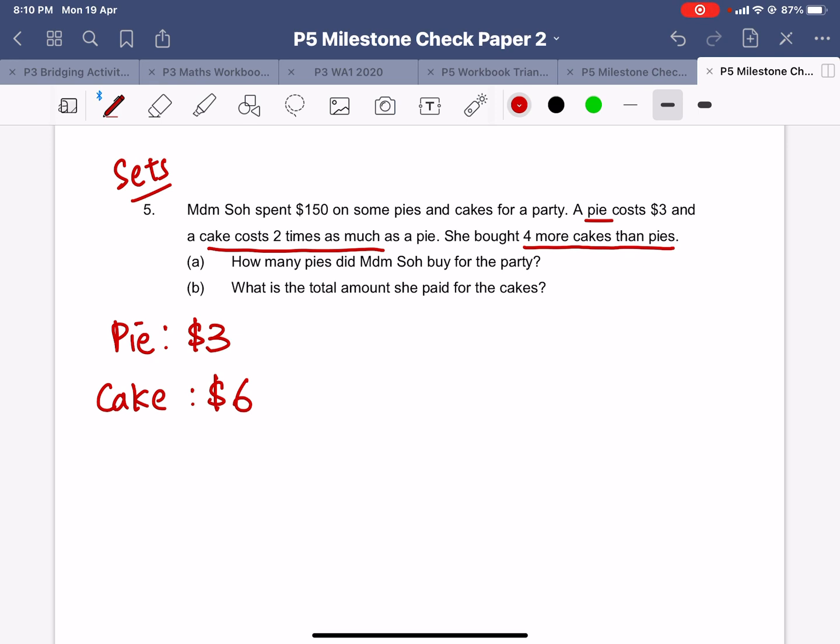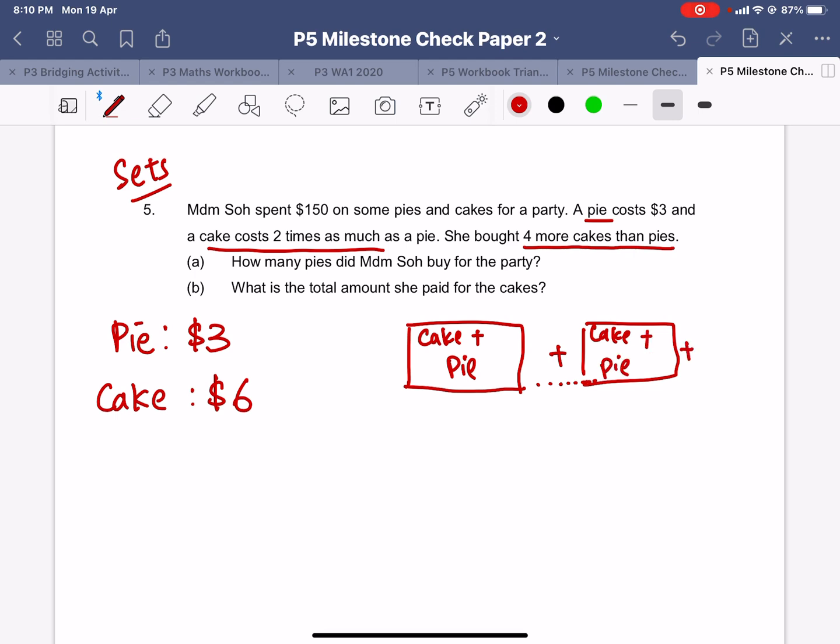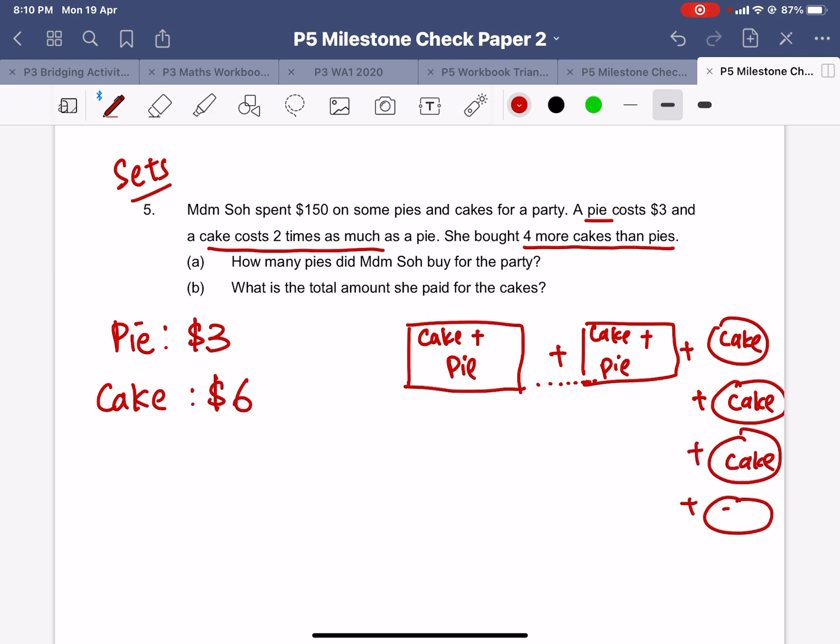Four more cakes than pies would mean this: if you have a set of a cake and a pie, you can have another set of cake and pie. You will eventually have a situation where there is not enough pie, because there are 4 extra cakes that do not belong to a set.